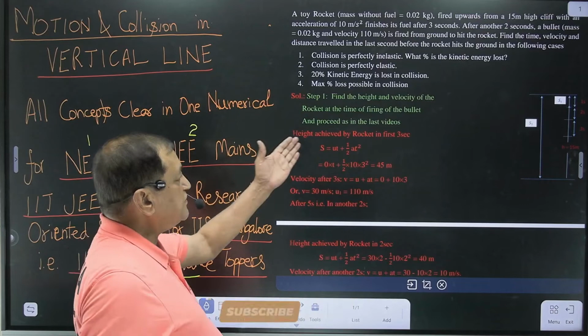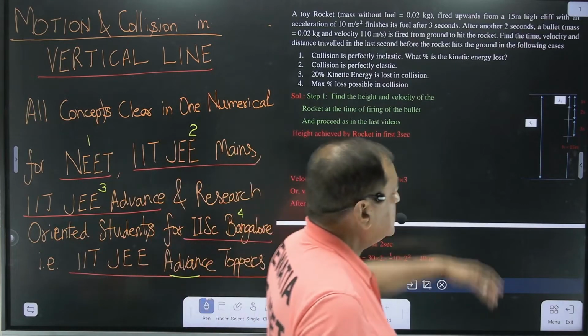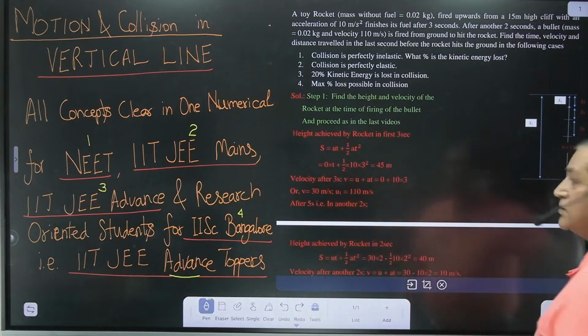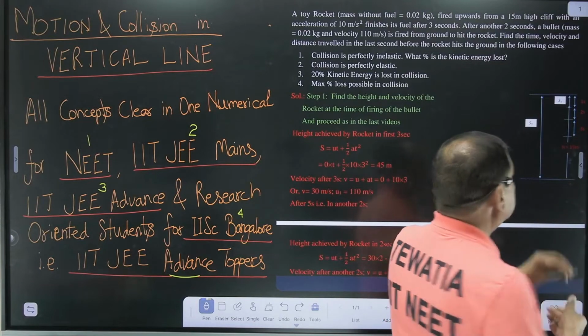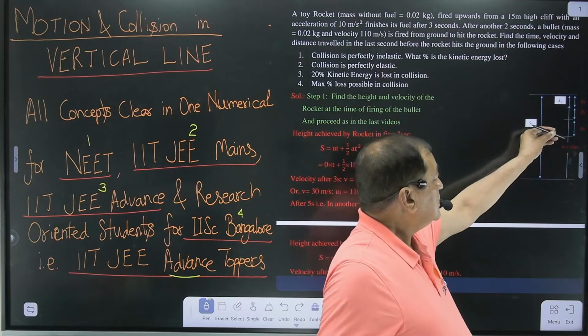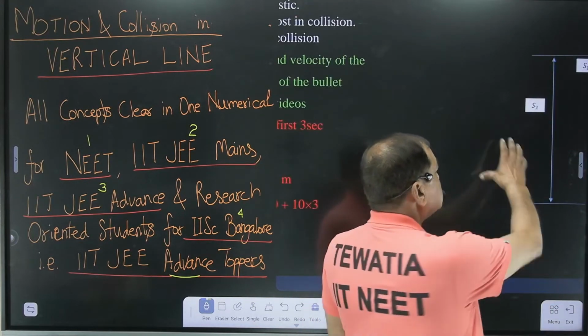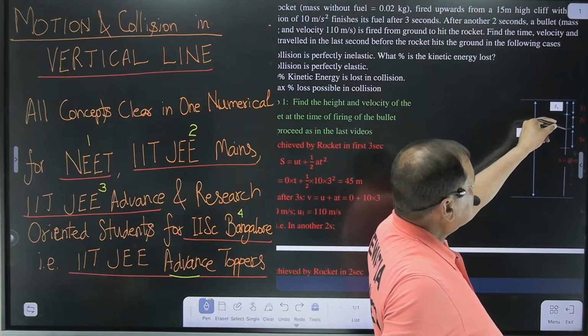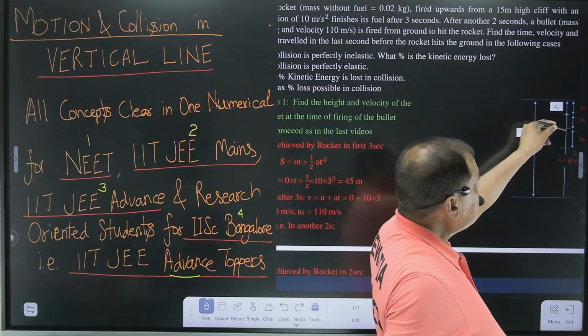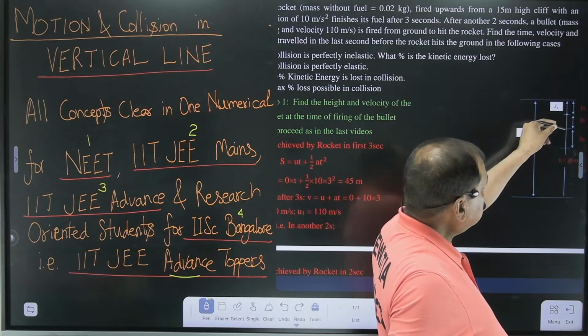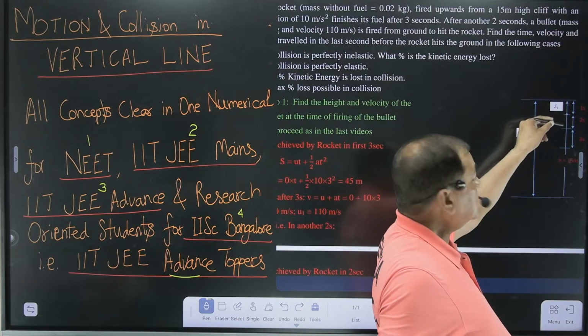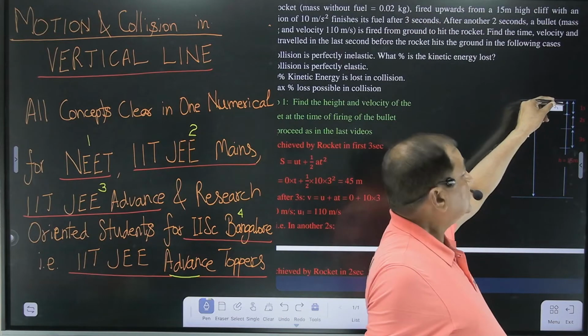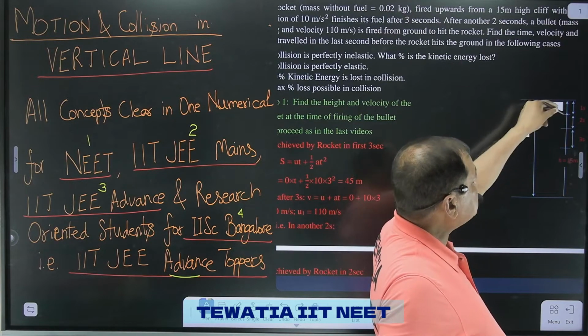So the height achieved by the rocket is obvious. The rocket is fired from here, 15-meter height. Then up to 3 seconds it accelerates up to this point. Then when the fuel finishes, for another 2 seconds it keeps rising upward, when the bullet is fired after 5 seconds.